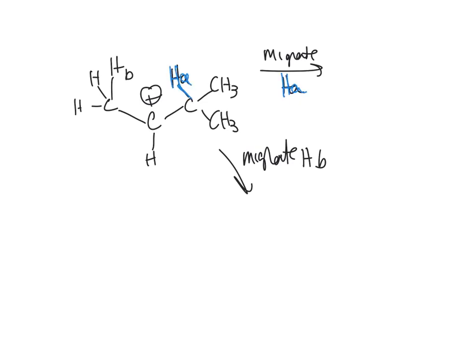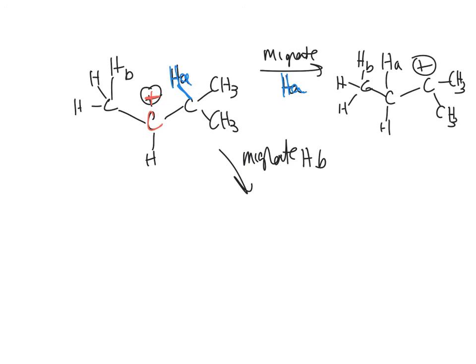So we're going to take those two electrons and we're going to put them on the carbocation here next door. Okay, so when you do this, you draw everything else the same. So you see HB is the same, this carbon, hydrogen is the same. This still has a CH3 and a CH3, but you're going to switch places. So HA goes here, carbocation goes there. And they just trade places.